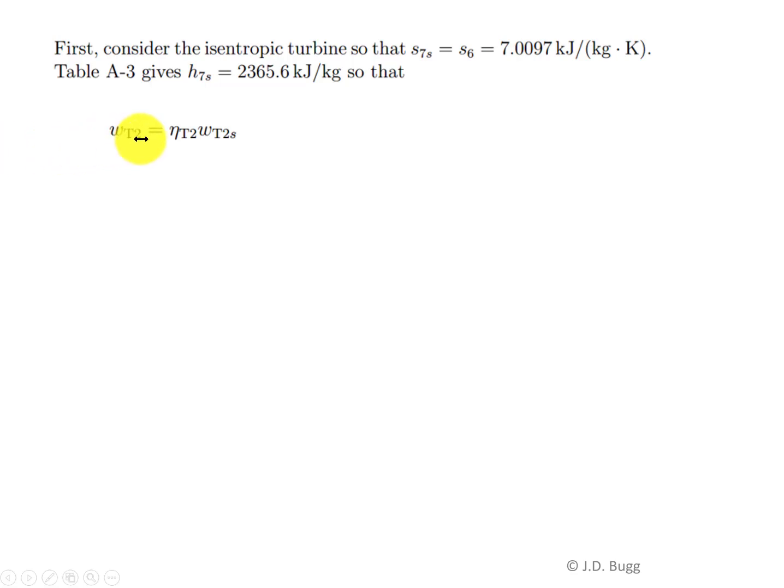We're going to be calculating the work for the second turbine as a product of its isentropic efficiency and its isentropic work. So the efficiency of that one is also 80%, and the enthalpy at the inlet and the exit are these values here. So the work per unit mass for the second turbine is 498.40. Now remember, that's actually the work per unit mass that actually goes through it. So we'll be multiplying that by 1 minus y when we calculate the thermal efficiency of the cycle.